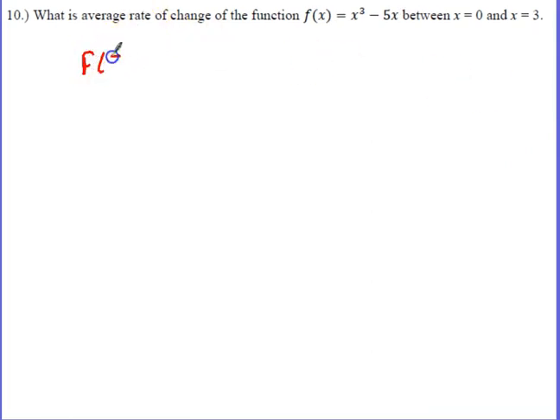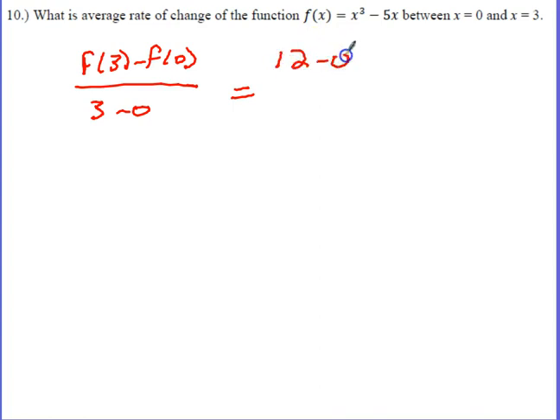The same thing, f of 3 minus f of 0 over 3 minus 0. So 3 cubed is 27. Minus 15 gives us 12. So 12 minus 0 over 3, which is 12 over 3, which is 4.